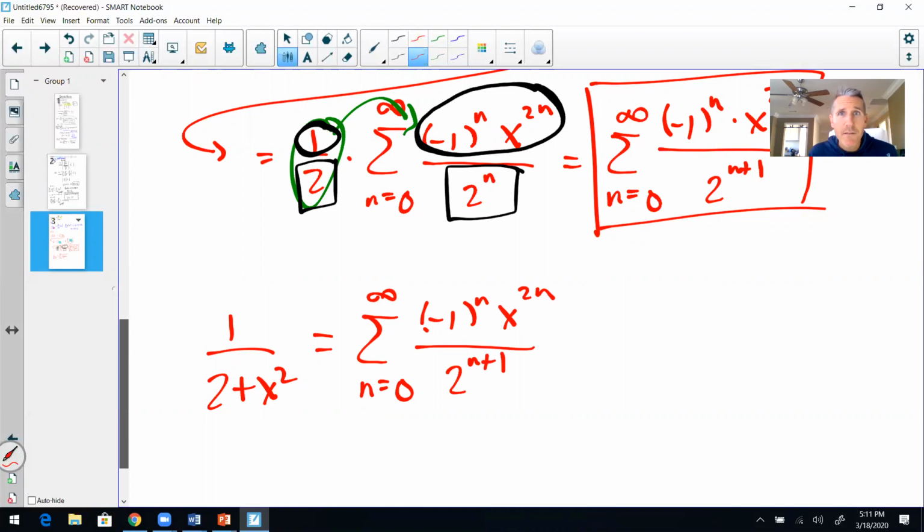Not always, but on some interval of convergence. I'll let you do that on your own. I want to keep going because I know this is already getting longer than I intended, but that's pretty good. That's an example of manipulating the initial function that they give you so that you can make it look like some constant times 1 over 1 minus something else, and then use what we know about our initial power series that we discussed.